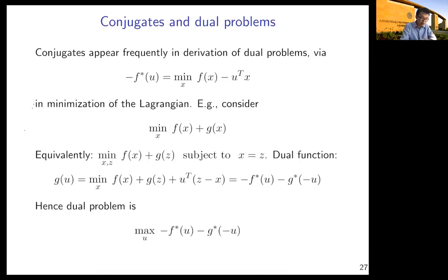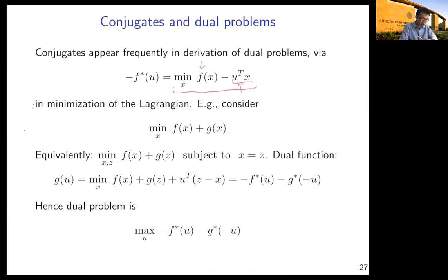Specifically, the kind of problems we often run into when deriving the dual involve a minimization problem of this form with some convex function, and then some additional terms coming from the dual variables or the Lagrange multipliers.